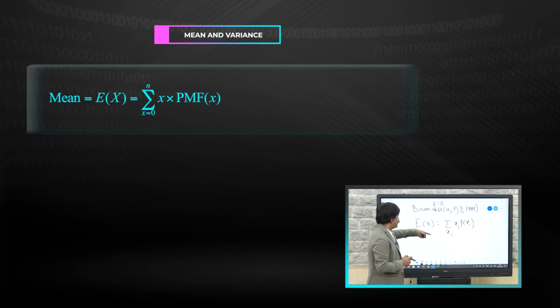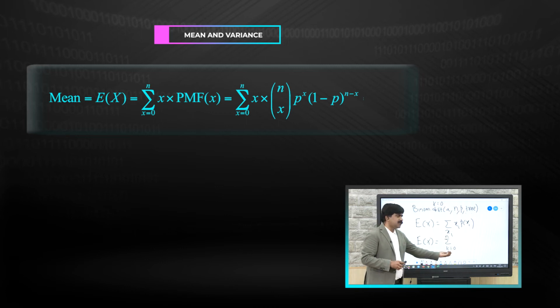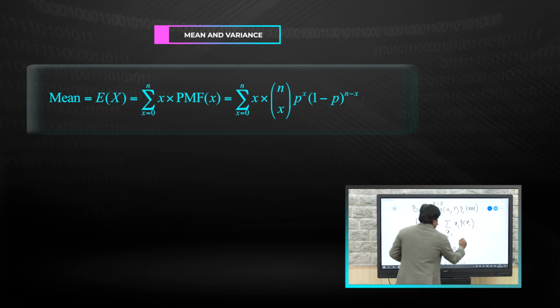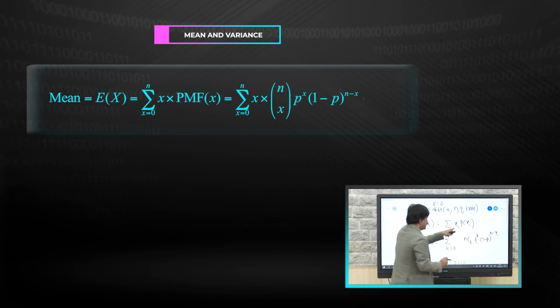When we apply that for the binomial distribution, the expected value is the summation over k equal to 0 to n, where k is the number of successes. The corresponding mass function probability is nCk p to the power k (1 minus p) to the power n minus k, and we just multiply that with k here.